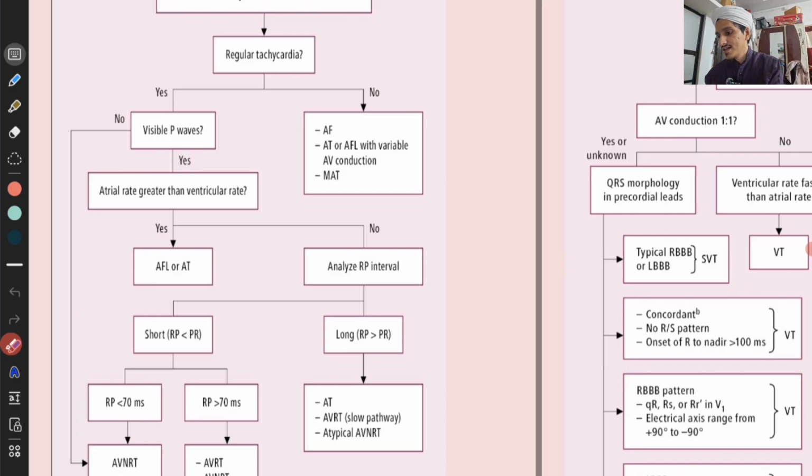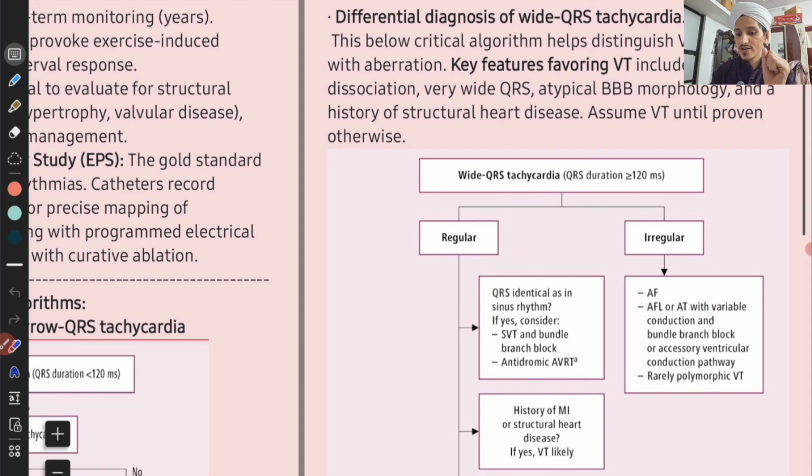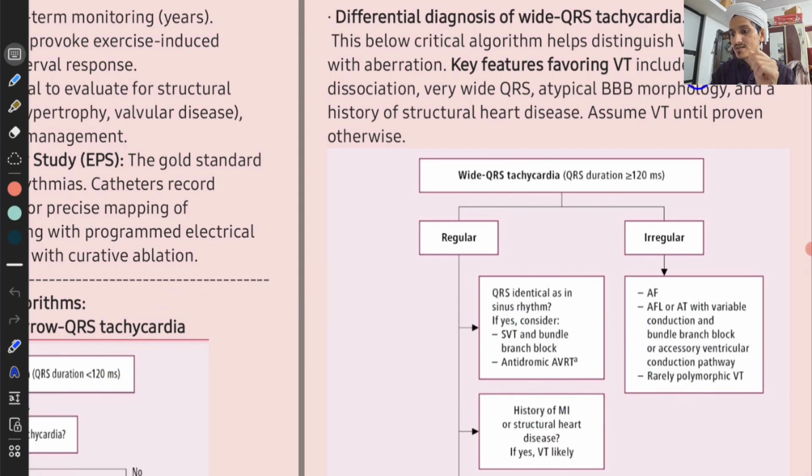Now we will move towards wide complex tachycardia. Key features are already mentioned here. AV dissociation, capture beats and fusion beats are the hallmark of AV dissociation. Very wide QRS complex, meaning more than 200 milliseconds, which is more than 5 small squares.